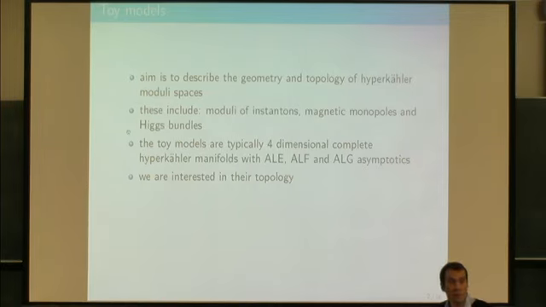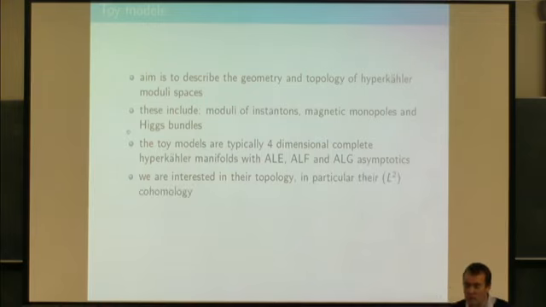What we are interested in first and mostly is their topology, to try to understand their, say, cohomology in general. Originally, when we did this work, we were interested in L2 cohomology, that is the space of L2 harmonic forms, which had its origin in physics. But then I changed basically to do arithmetic studies, and then it was more natural just to look at plain ordinary topology, cohomology of these spaces.